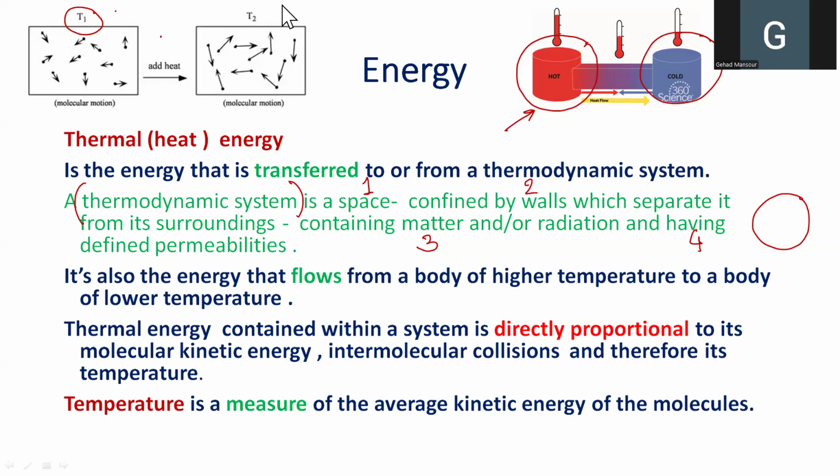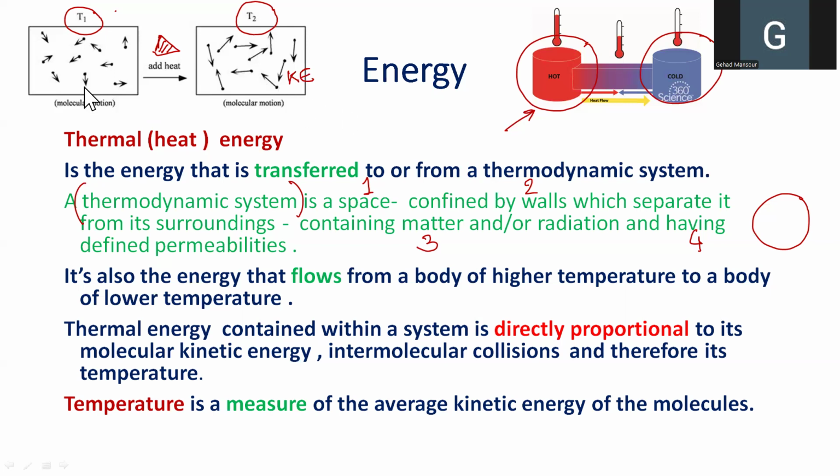And we add heat. So you add a certain amount of thermal energy, so the system acquires a higher temperature. What happens inside the system is that the individual molecules gain energy and have a higher kinetic energy, as you can see.